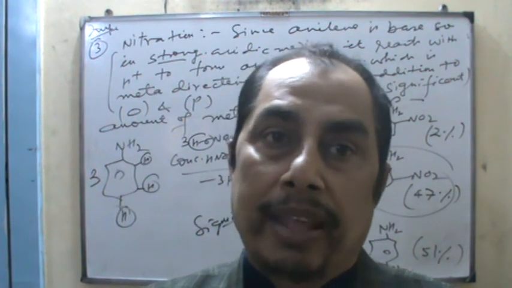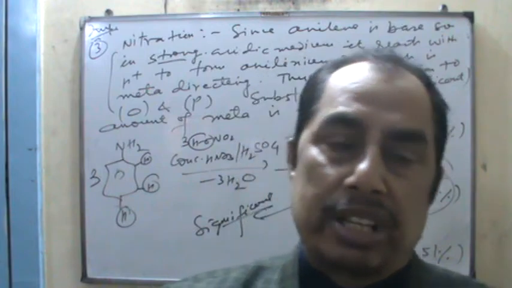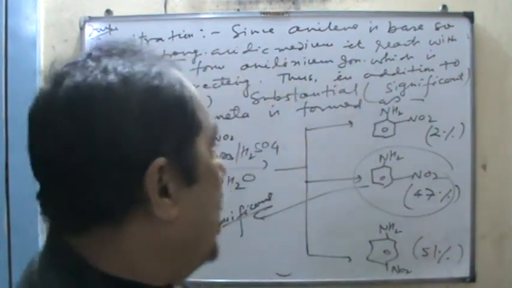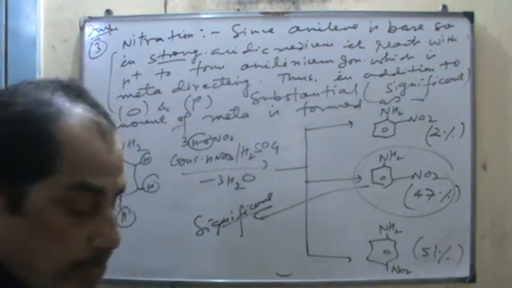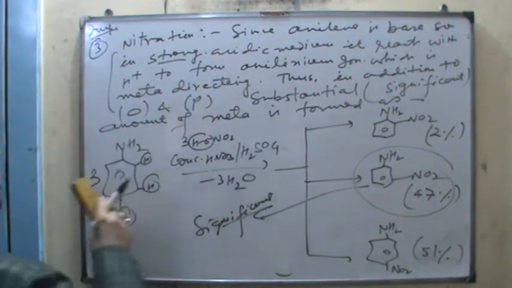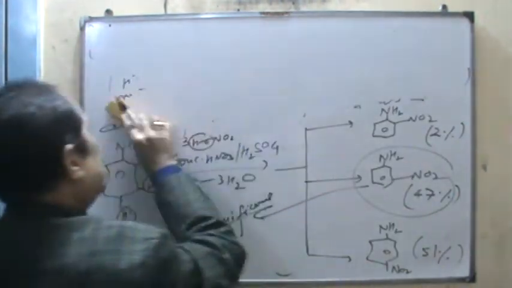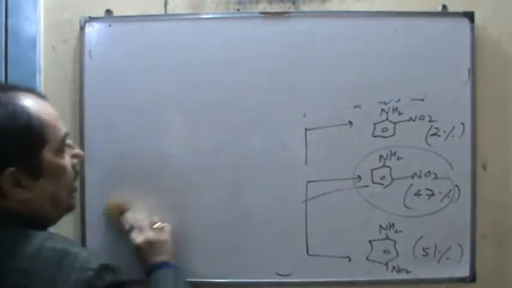Because aniline, whenever placed in the strong acidic medium, forms anilinium ion, and anilinium ion is very much meta directing in nature. As such, in addition to ortho and para, they also form meta in a significant amount.